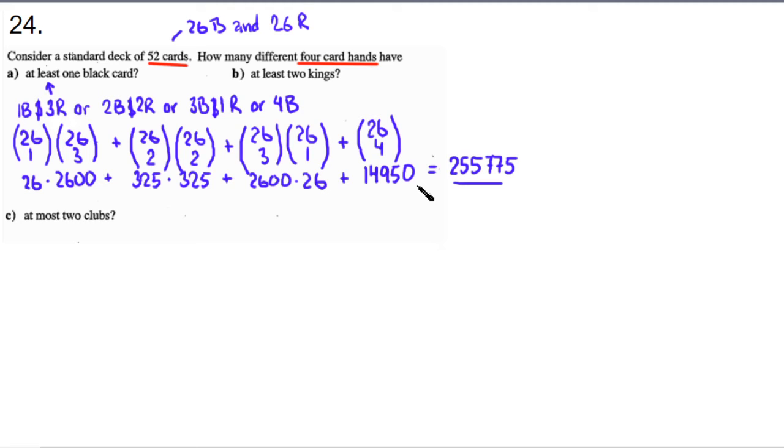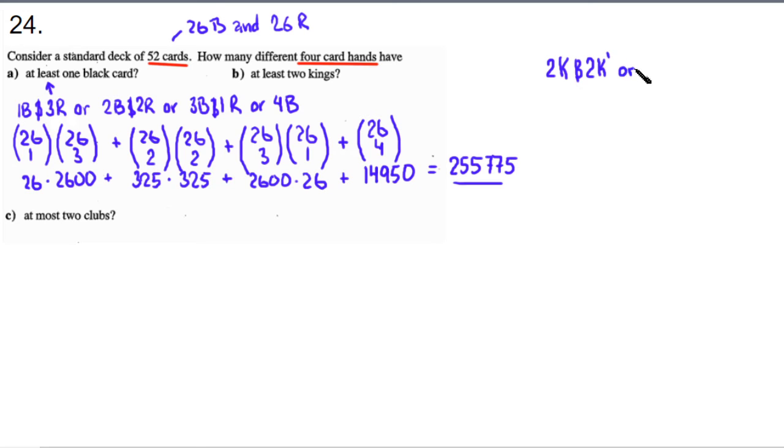So let's have a look at B here. At least 2 kings. So let's write down the scenarios again. We have 2 kings, so we can write 2 kings. And if we have 2 kings, that means we're going to have 2 cards that are not kings. So I'm going to write the complement to kings. This K prime means the complement to kings, which means anything but kings. So 2 kings and 2 other cards.